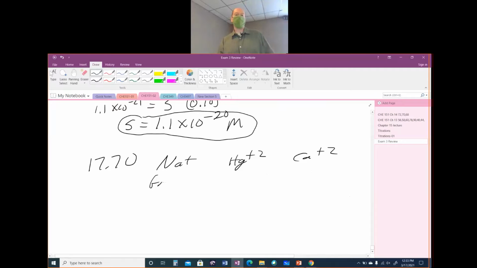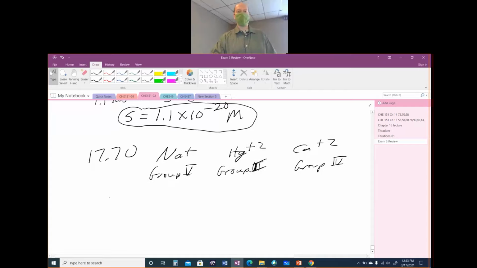So I will say here's group 5, and I will say here is group 2 and group 3. And we'll go with group 2. And then the calcium is group 4. All right, so you need to know the flow chart. How do you separate these groups?